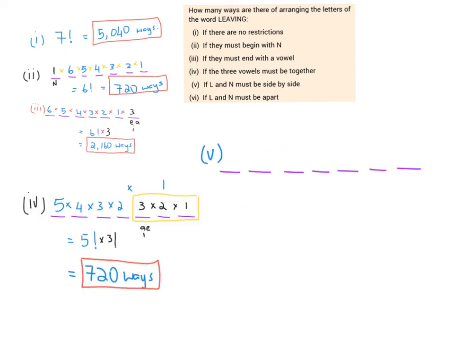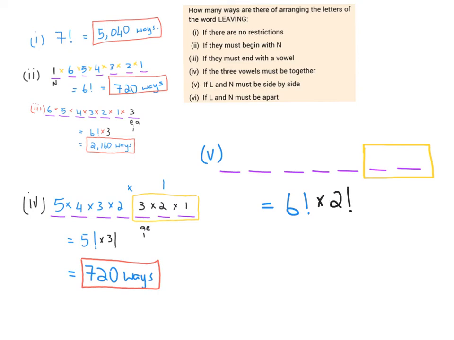Okay, so here we have in part 5, we're told L and N must be side by side. So that's 2 letters, and we're putting those into one box again. So here I can see I have 1, 2, 3, 4, 5, 6 gaps, because again I'm treating this as one option. So here that's going to give me 6 factorial, and then in here, well, I have 2 spaces, so that's going to be multiplied by 2 factorial.